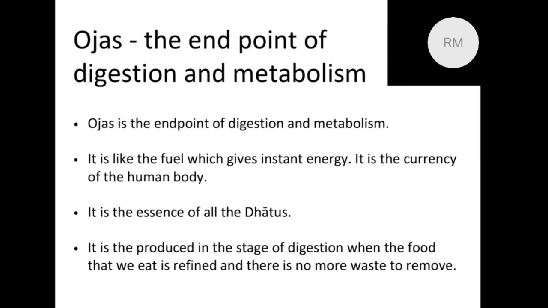All the Dhātus, when they reach a stage of perfect digestion, of perfect transformation, produce substances which help the body to produce energy and also to improve immunity. So the sum total of all these substances is called ojas. Is this clear?